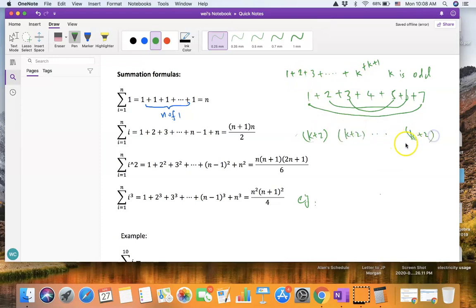So how many k plus 2 do we have? Since right now we have in total k plus 1 numbers, there will be k plus 1 over 2 pairs of these numbers. Then we multiply k plus 1 over 2 by k plus 2.